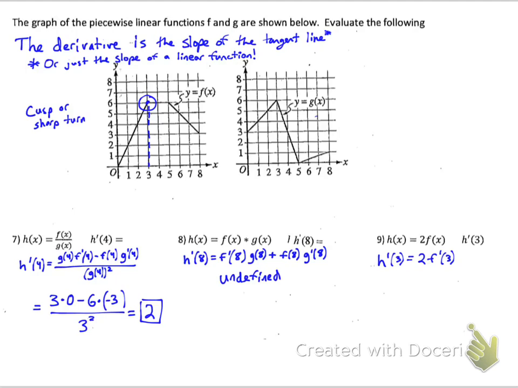This constitutes a sharp turn because we cannot calculate the derivative here because there's kind of two tangent lines, two lines that meet at different angles. It's not a slow, steady, gentle turn. Therefore, the derivative is undefined at this point. So because it's a cusp or sharp turn, the derivative is undefined, so we cannot calculate h prime of 3.